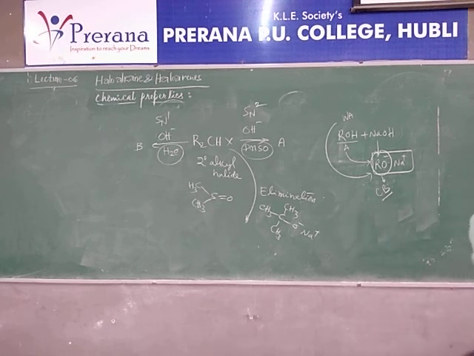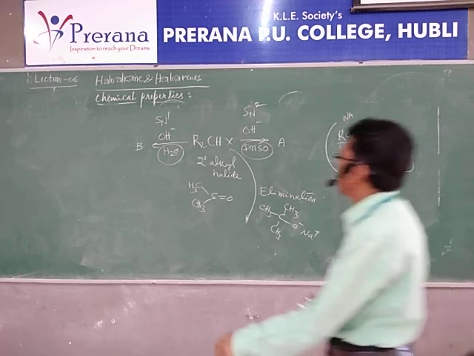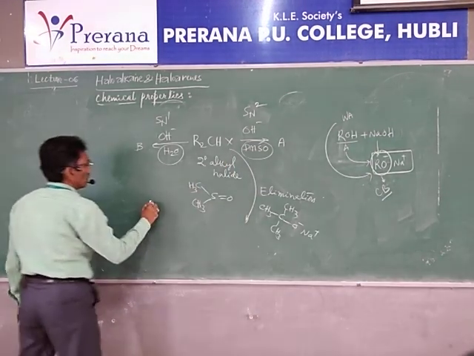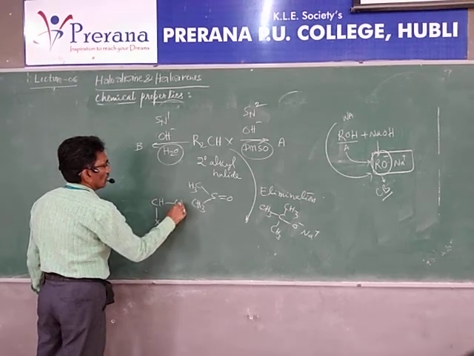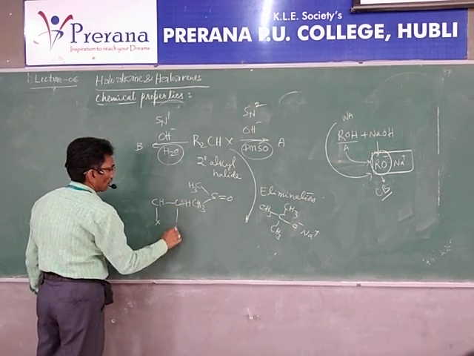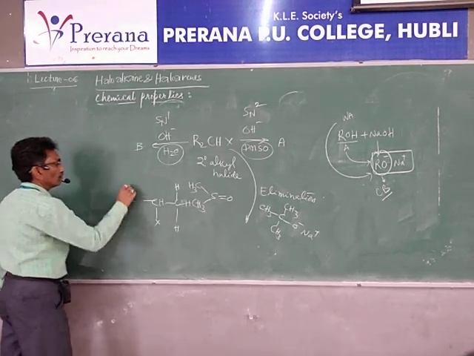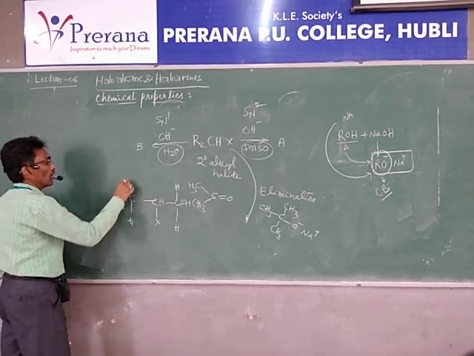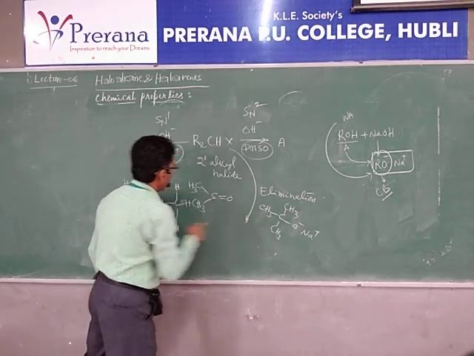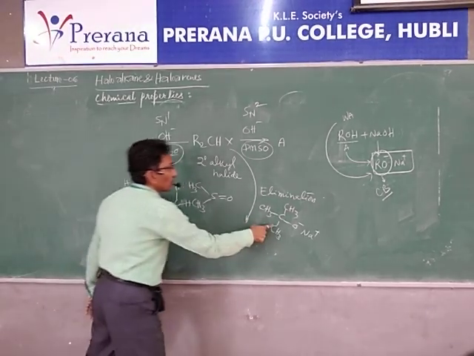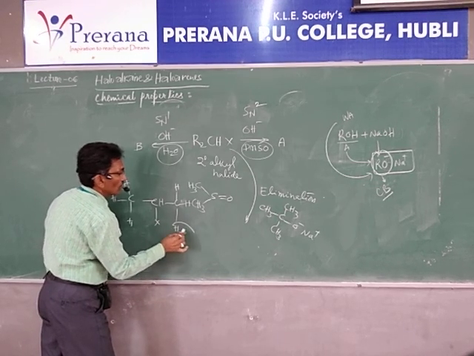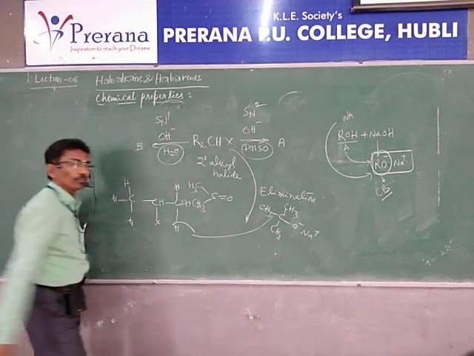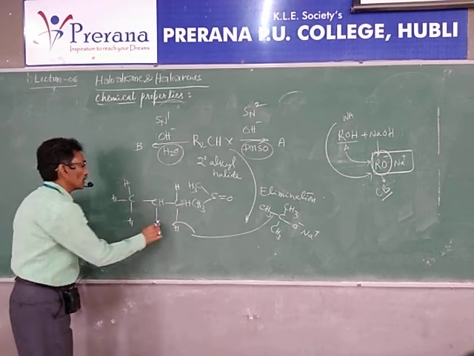So this nucleophile, due to bulkiness, acts as a strong base and abstracts a beta hydrogen. We take it like this: CHX, CH3 and CH3. It is a secondary alkyl halide. This base abstracts a proton from the beta carbon; this is the alpha carbon.